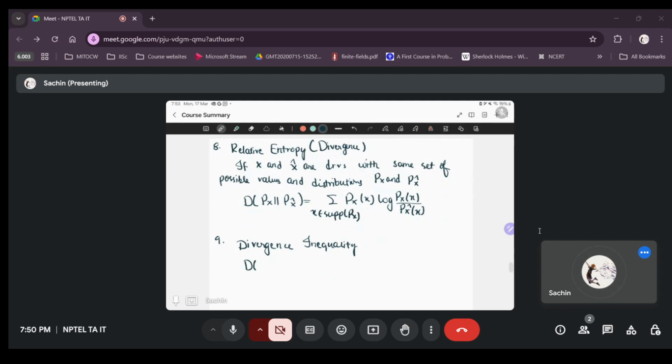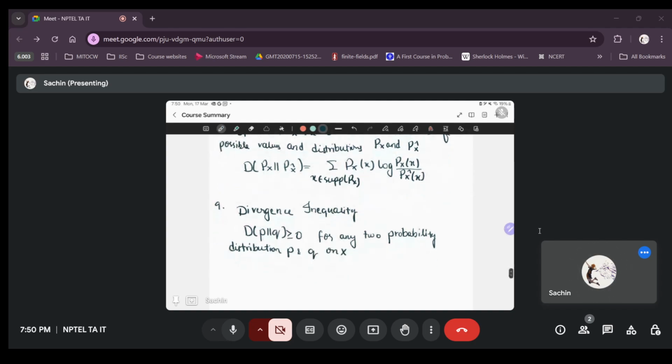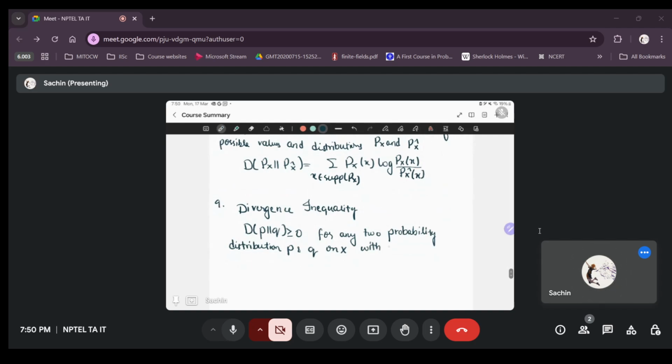For any two probability distributions P and Q on X, D of P parallel Q is greater than or equal to 0, with equality if and only if P equals Q. That is Px of x is equal to Qx of x for all x in the set of values script x.